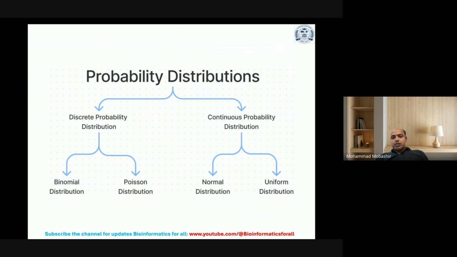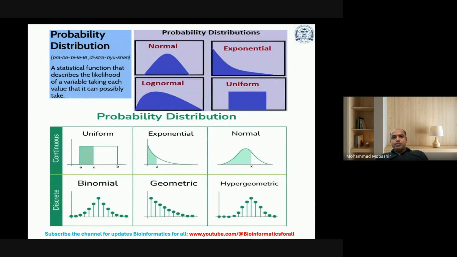Discrete probability distributions are of 2 types, binomial distribution and Poisson's distribution. But when you are talking about continuous probability distribution, then one is called normal distribution, another is called uniform distribution.